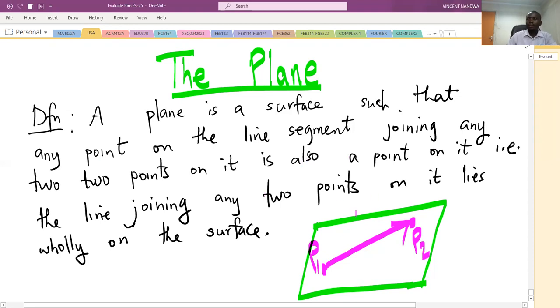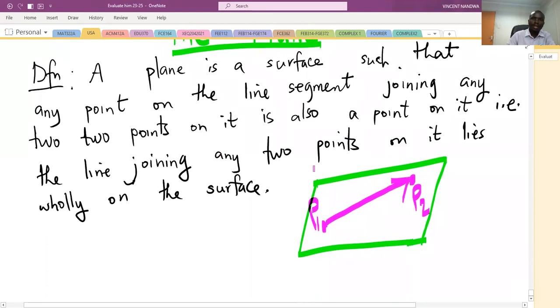Like on your table, just one face of that table is a plane. If you draw a line segment on the table, then every point on that line segment is within the same surface, the same figure that we're describing as a surface.